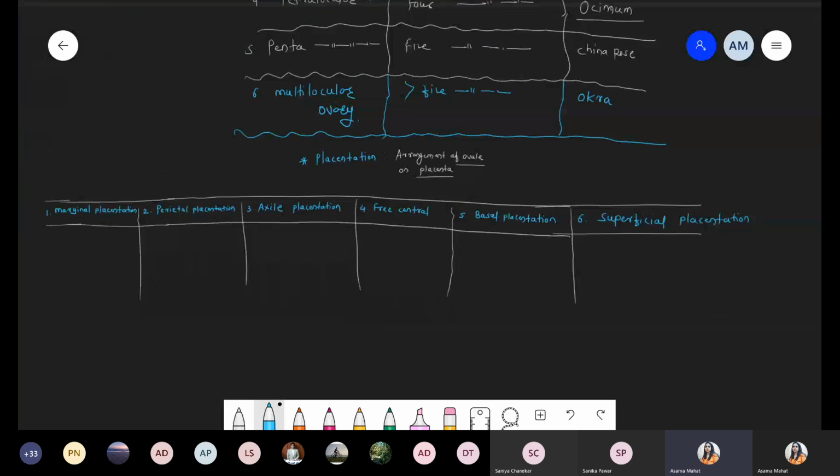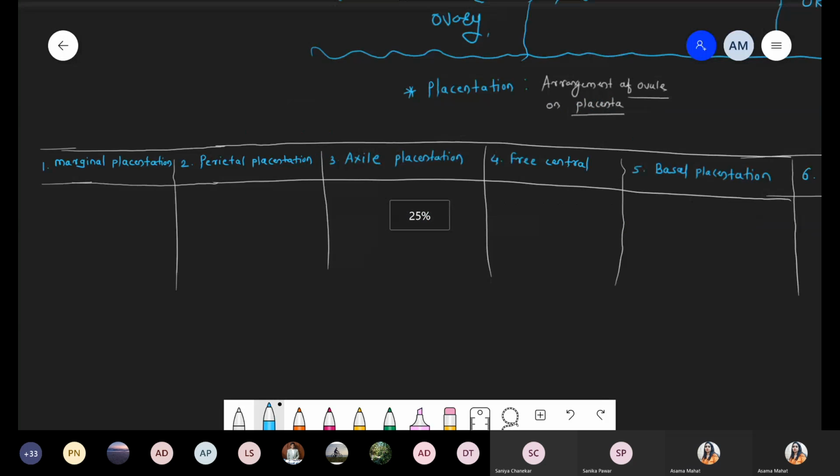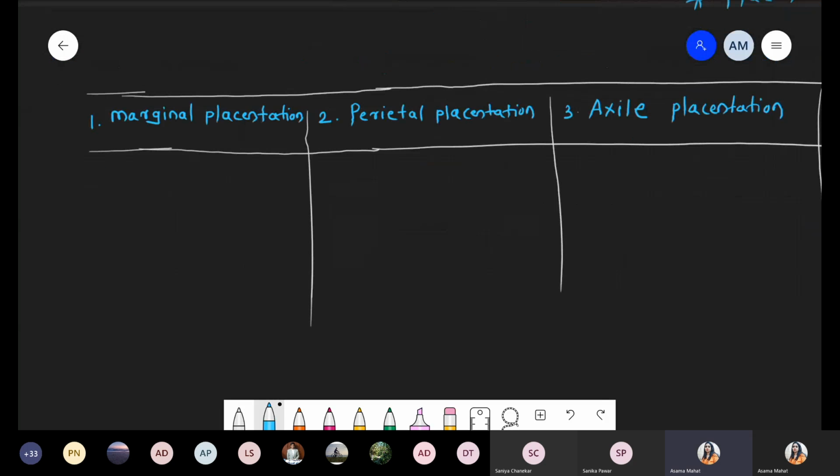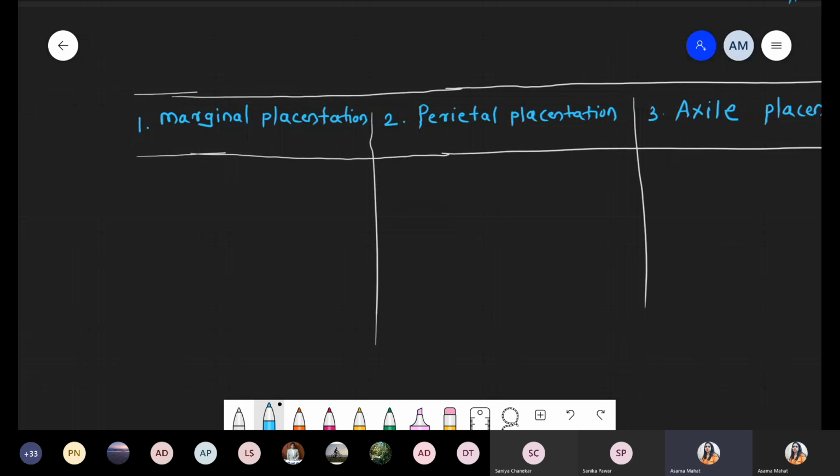And what is the meaning of placentation? It means the arrangement of ovule on placenta, because at the base the placenta is there, and on the placenta there is an arrangement of ovule. So first of all, we are talking about marginal placentation. Let's see one by one.